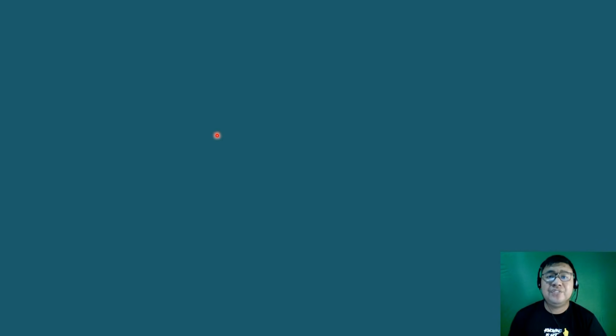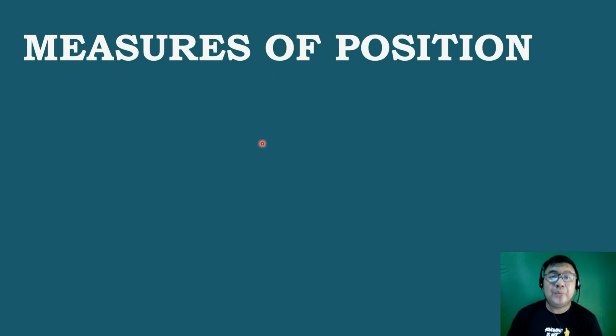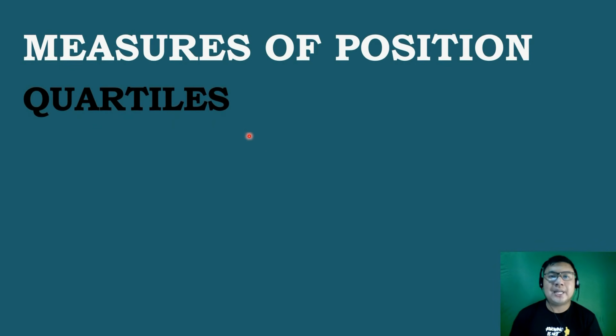In our last video, we already discussed part 1 of the measures of position, wherein we discussed that measures of position are techniques that divide a set of data into equal groups. We also discussed the different kinds of measures of position, such as the quartiles, which divide a set of data into 4 equal groups.